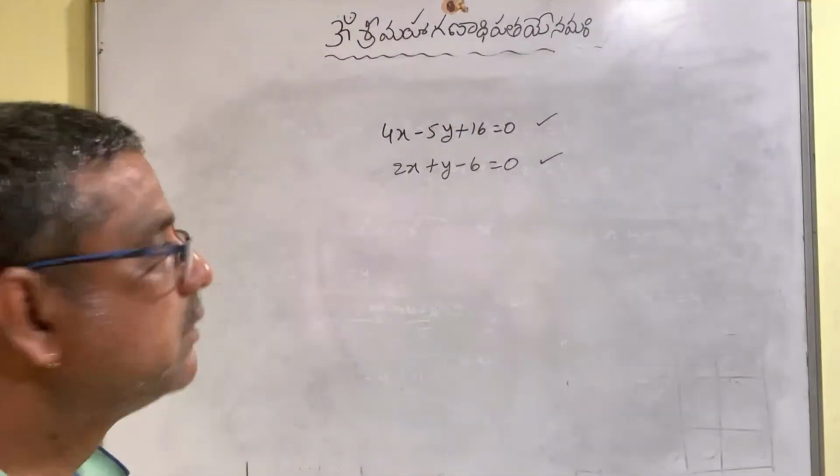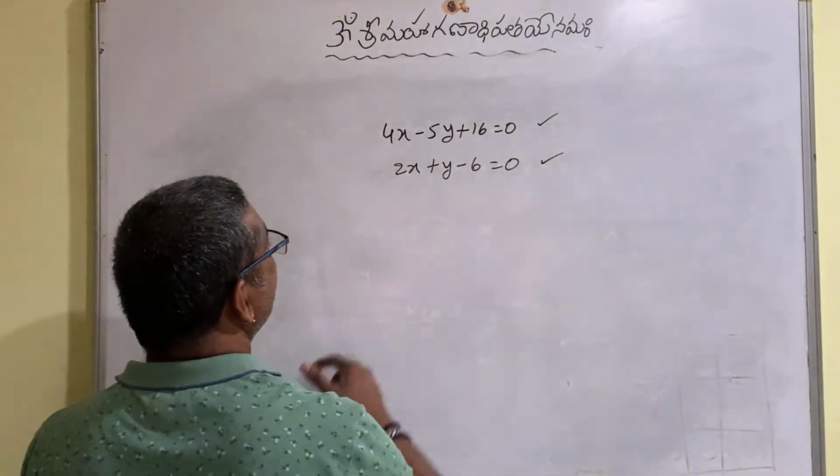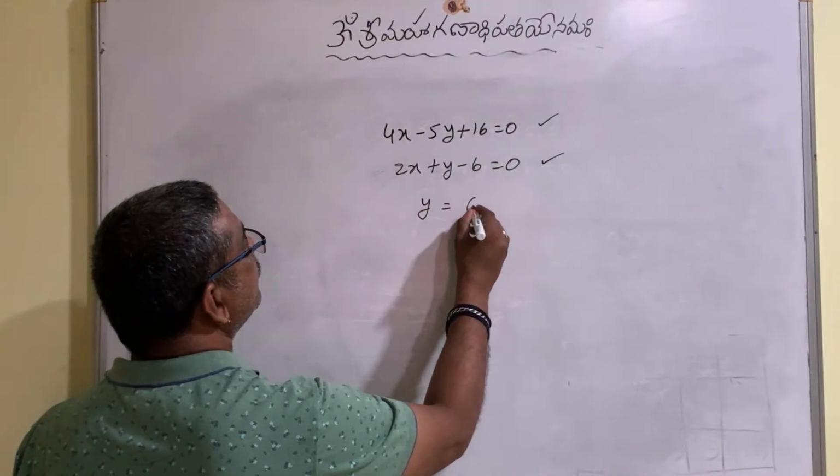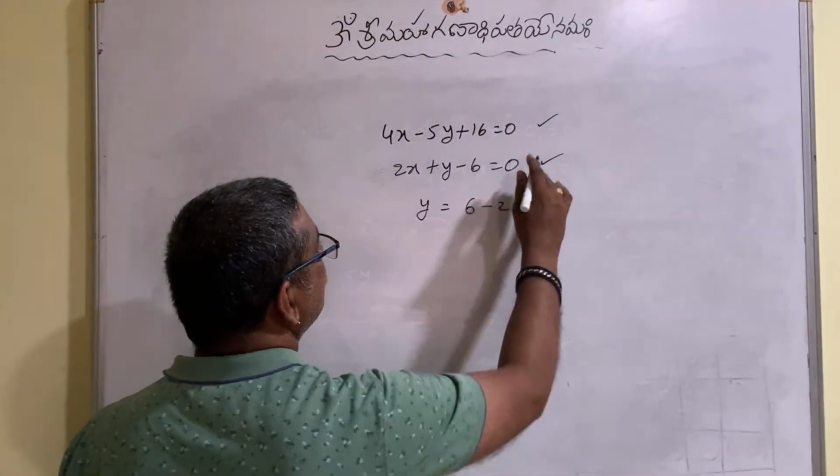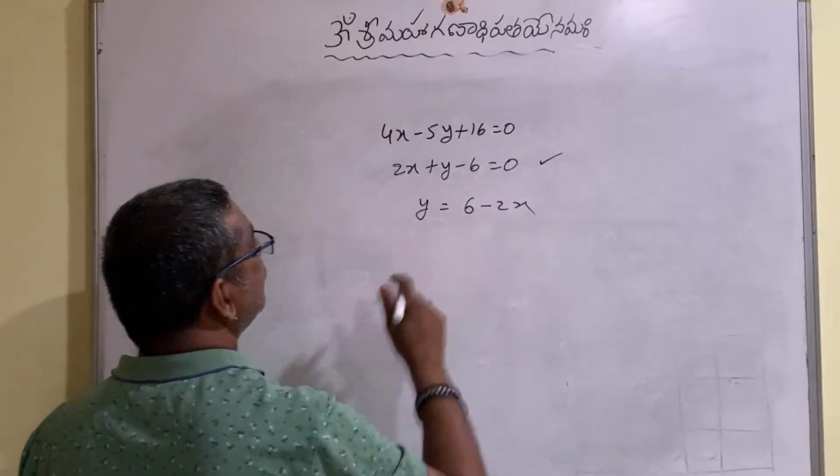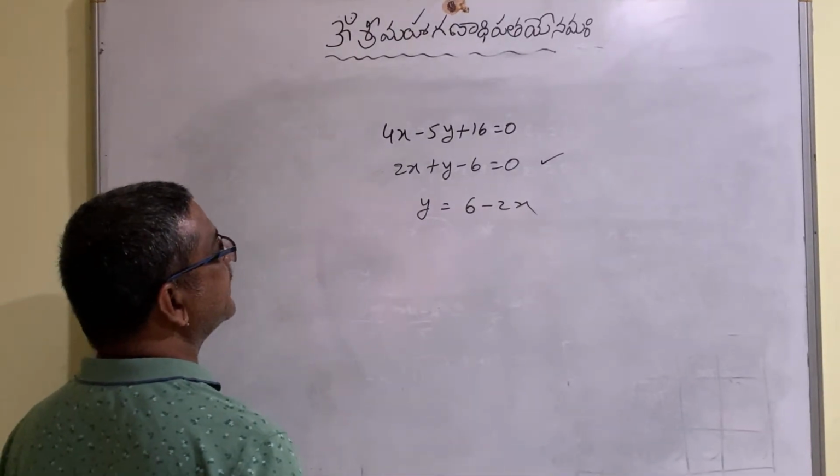See, from the second equation, y is equal to 6 minus 2x.